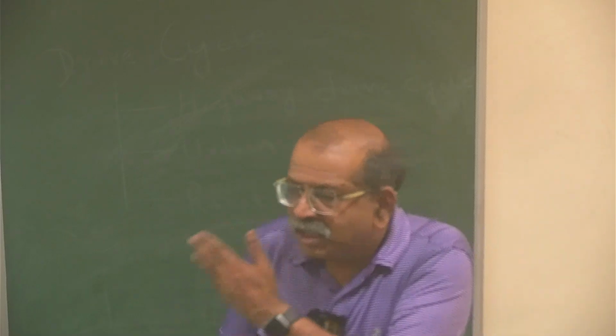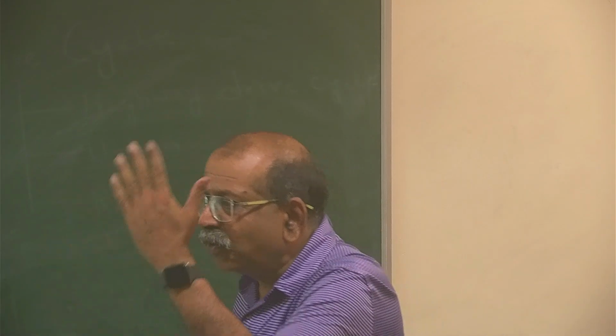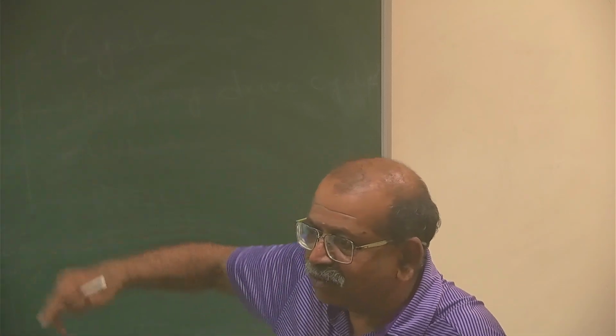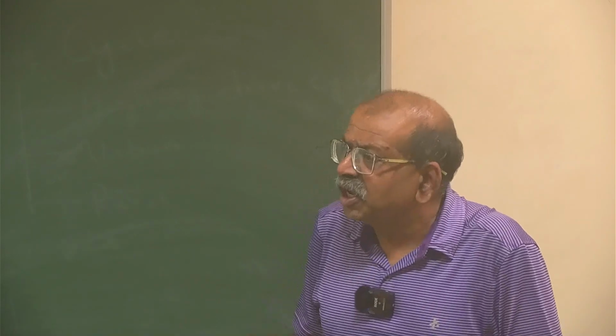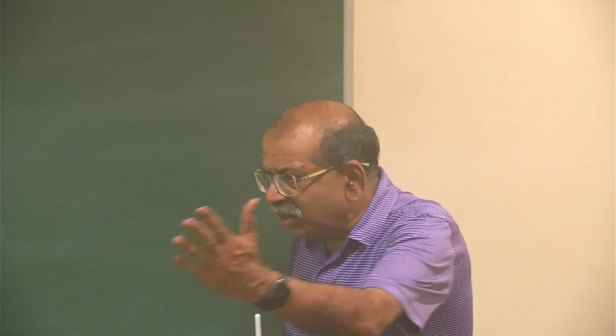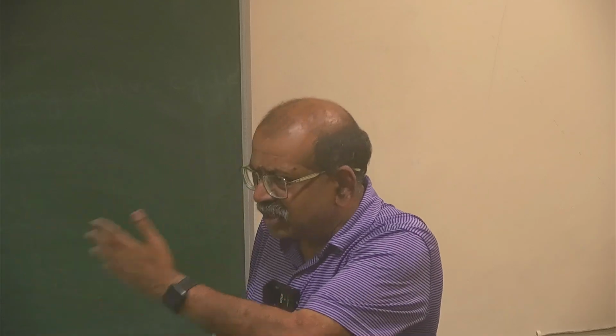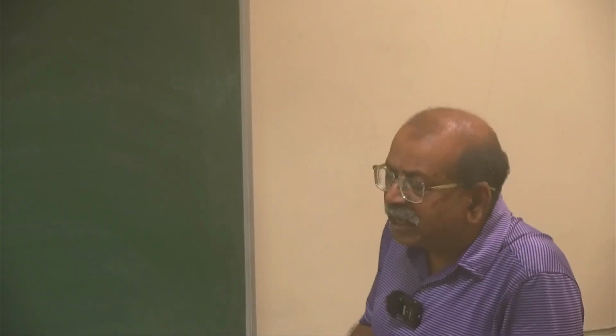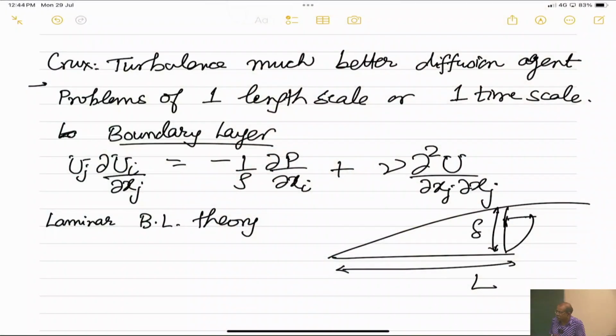Now, all these type of flows where there is one main component of velocity which is a function of the second variable, these are termed as shear flows. That means, there is only one mean velocity in the x direction and it is a function of y. So, velocity is in the x direction, it depends on y. These type of flows may depend on x also, we will look at that, but these are termed as shear flows by and large.